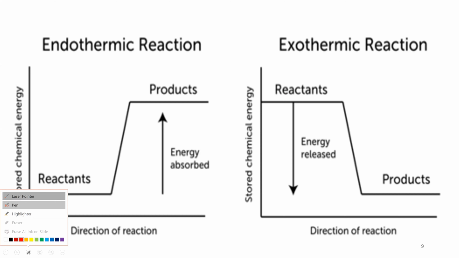So here you can see the x-axis and the y-axis. So x-axis is the direction of the reaction, where the reaction is proceeding, to show that from the initial point where there is a reactant, slowly that is converting to the product, and there is a stored chemical energy.